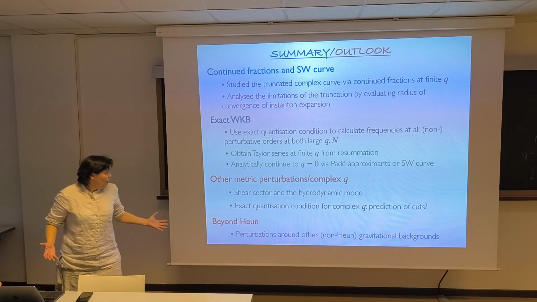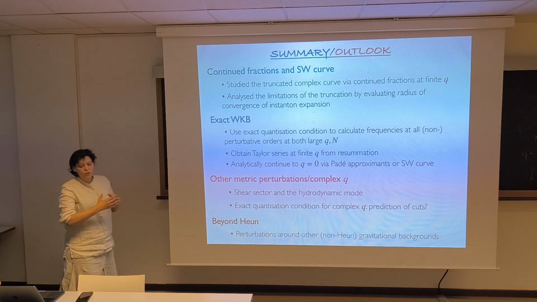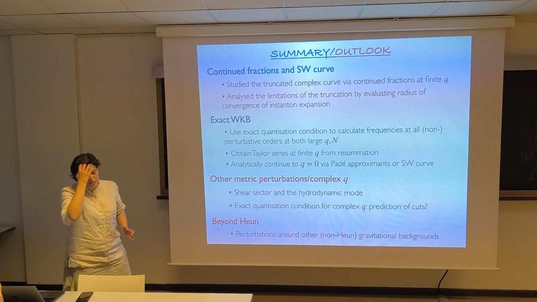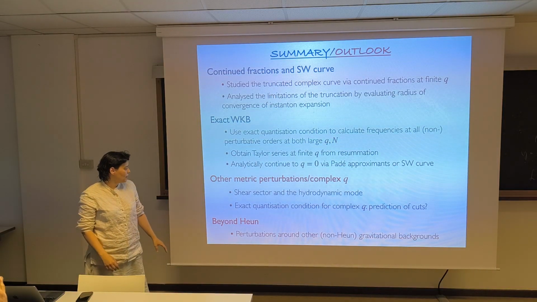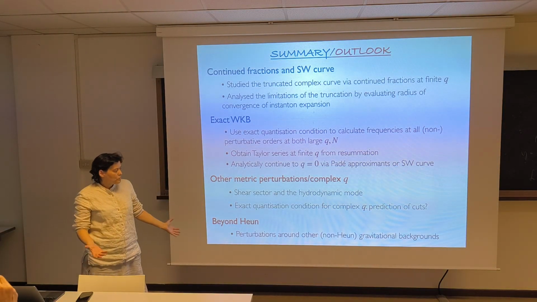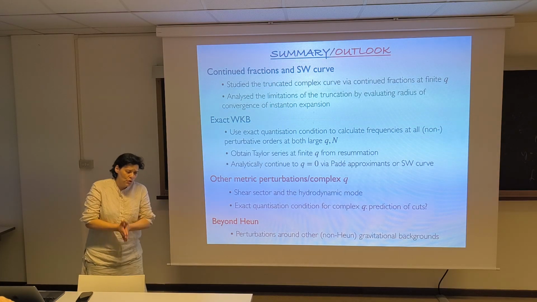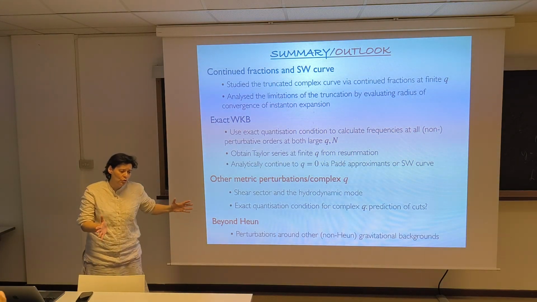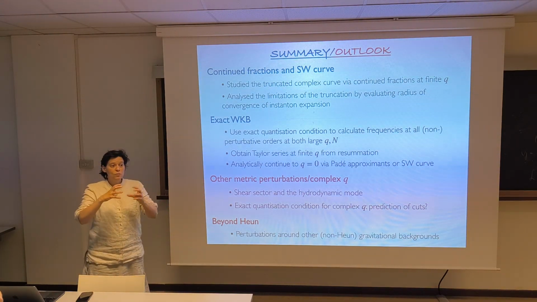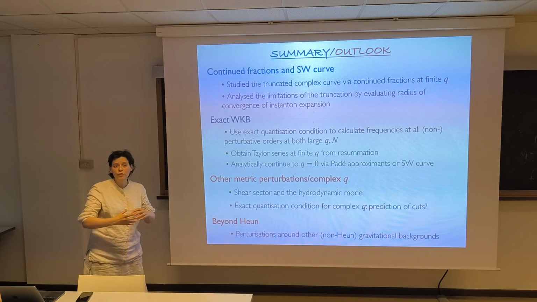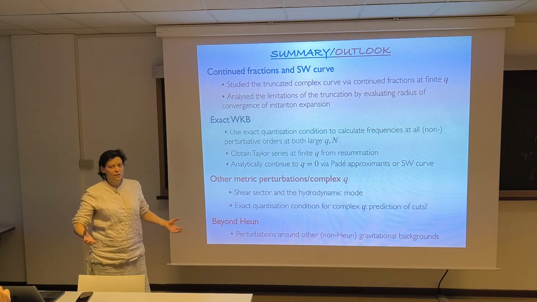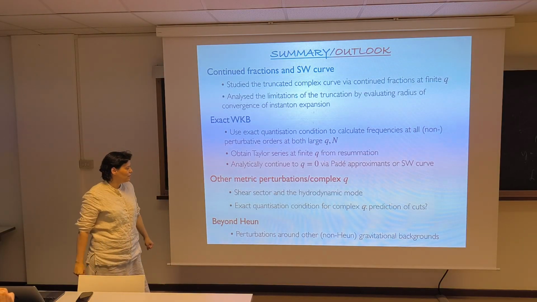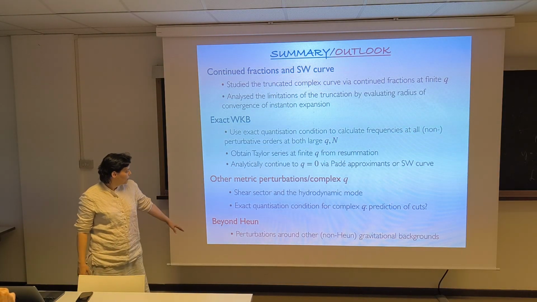Other things one can do with this: we can do different sectors. This was the scalar sector. We can try to understand the hydrodynamic mode in the shear sector. Also, this was all real Q. In order to go to complex Q, the Stokes graphs change, so you need to be more careful, and there could be non-perturbative contributions in Q appearing, etc. So different problems show up there.